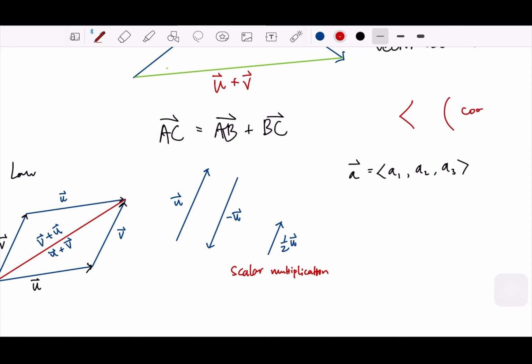This is for coordinates, this is for vectors, just to remind you. So if it's asking for vectors, then you need to make the bracket like this. Okay, if you don't clearly make it into this kind of bracket, then it will describe the coordinate.